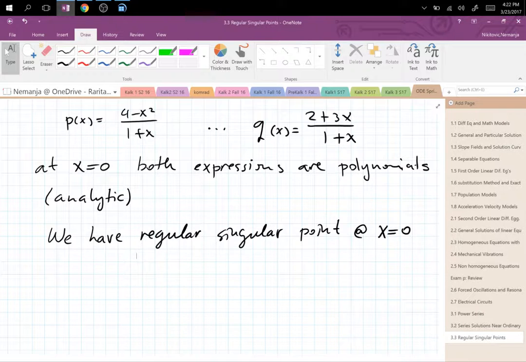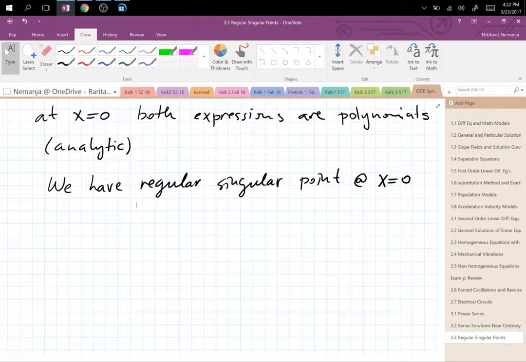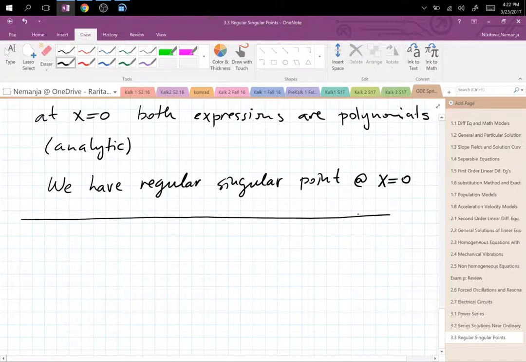So what is this part, the method of Frobenius? Now we use what we know to solve differential equations using power series. As I said before, when you have a singular point, the method from the previous lecture, which was 3.2, doesn't work. So you can't say y equals the summation of Cn x to the n.